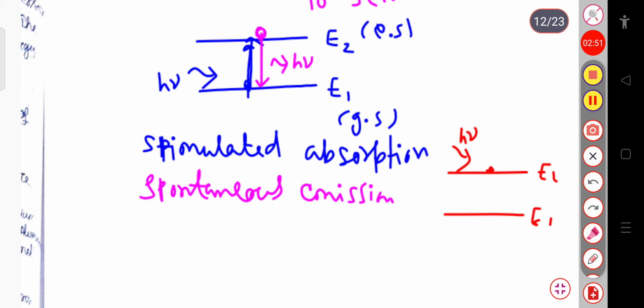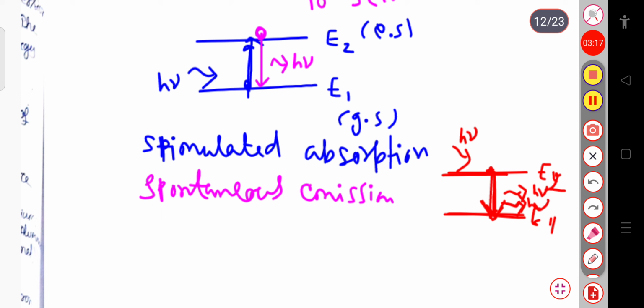If it falls on this atom, it will jump to the lower state E1, emitting hν along with another hν, since the energy difference between the two energy levels is hν.